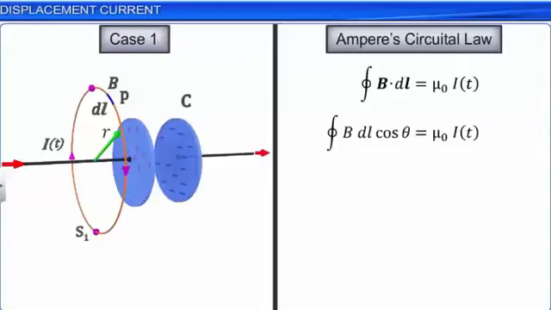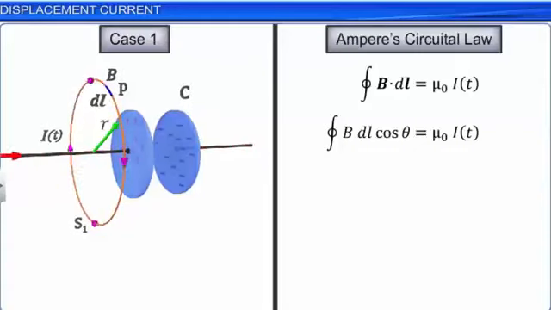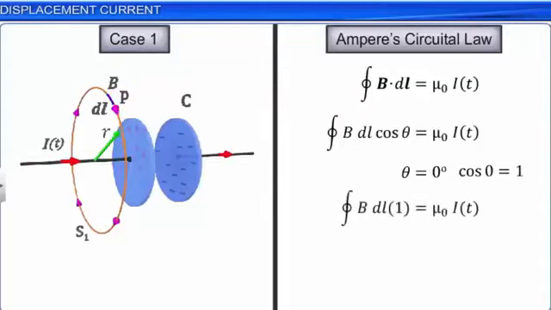Since the direction of the magnetic field is along the circumference of the circular loop, the angle between the magnetic field and the element dl at that point is 0 degrees. Cos 0 is equal to 1. Then, the integral over the closed loop of B dl is equal to mu naught I_T. Let this be equation 1.